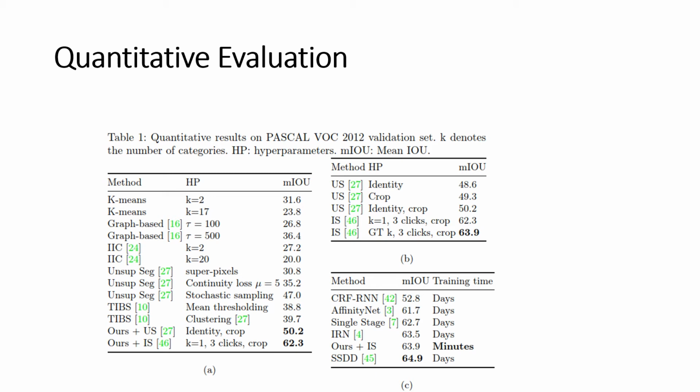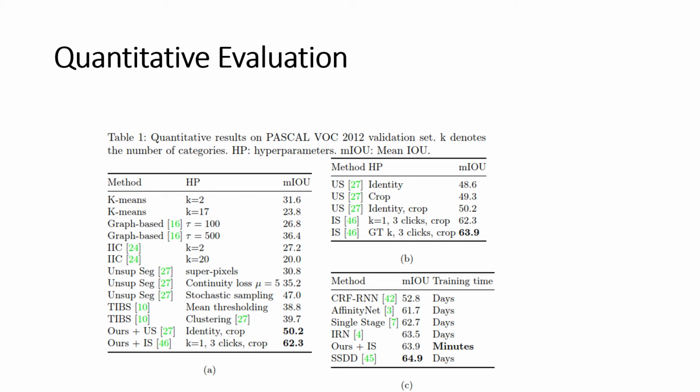We evaluate our method on two benchmark datasets. First, we show the results on the Pascal-VOC 2012 validation set. In table A, we compare our method to different methods that use a similar amount of supervision. Next, in table B we ablated different single image segmentation methods, specifically unsupervised and interactive segmentation, with different parameters and different augmentations.